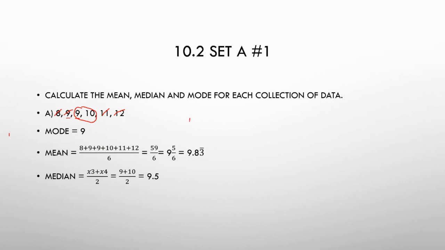By the way, n was 6, so n divided by 2 gives me 3. That's why I have my third number, and then I add 1 to that and get my fourth number. So I'm adding the third and fourth numbers and dividing by 2.